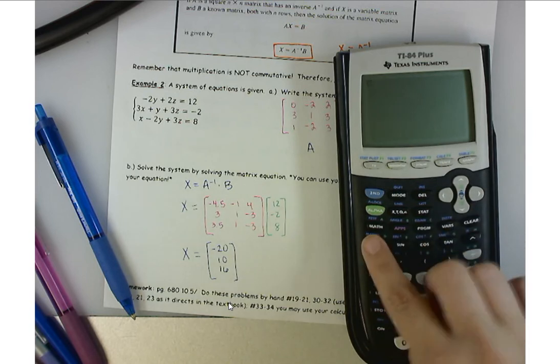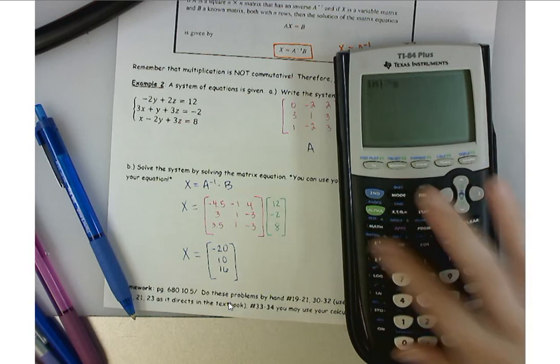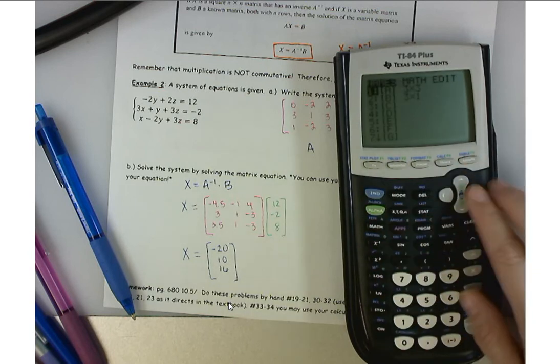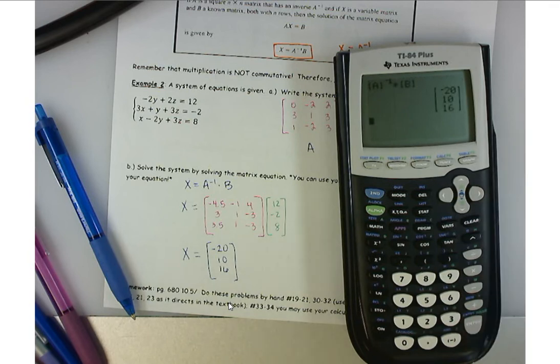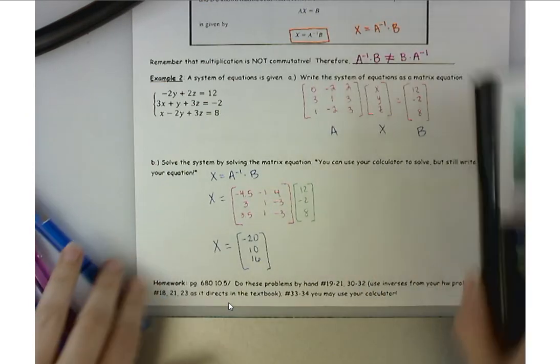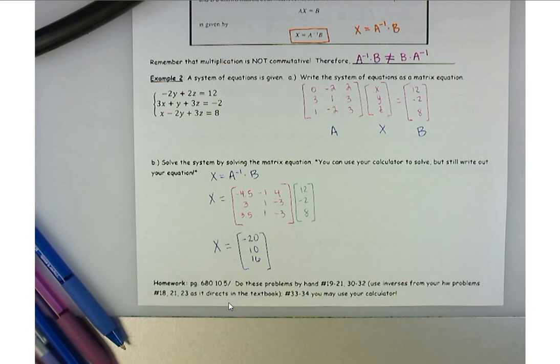Okay, so if I do A inverse times B, that's what's going to give you your correct solution. Because multiplication is not what? Commutative. Good.